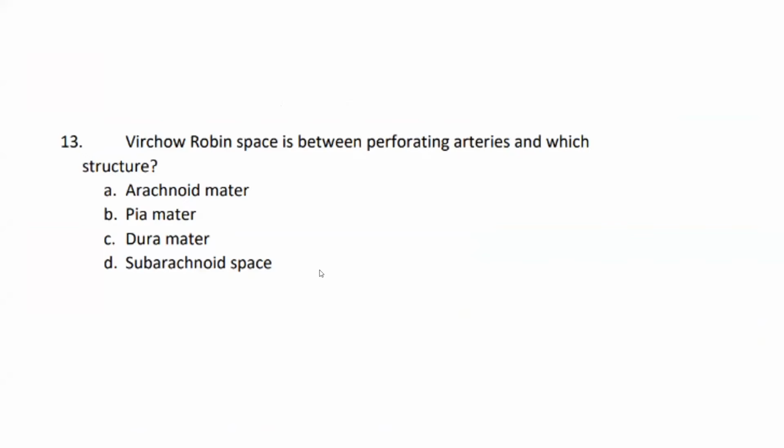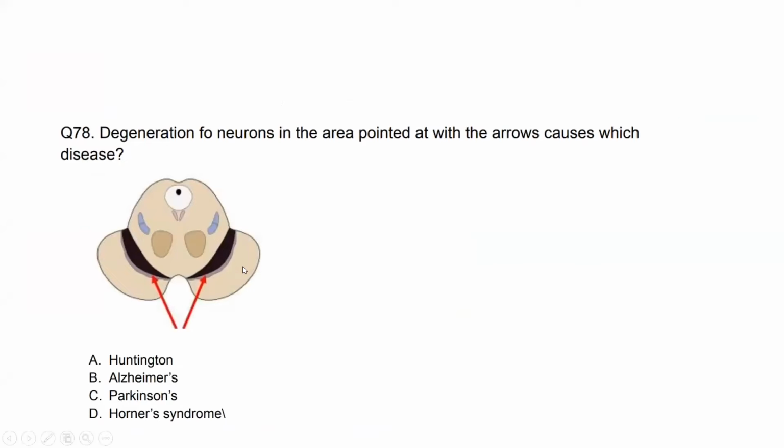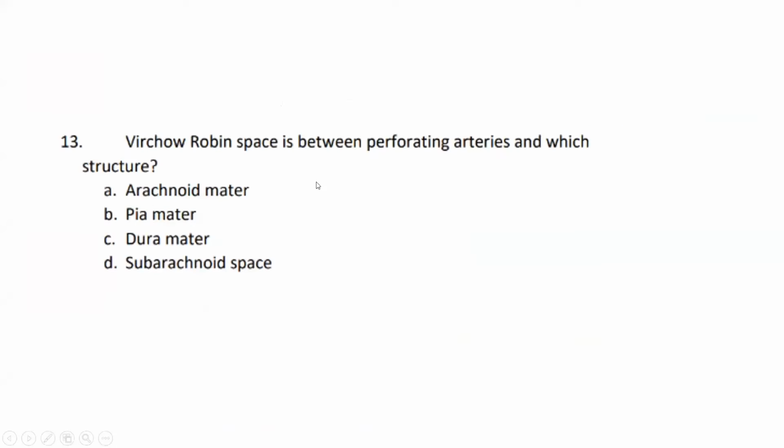Okay, so here's the previous question again. When you have degeneration of neurons in the substantia nigra, the resulting syndrome is going to be Parkinson's. All right. Next question. Virchow-Robin space is between the perforating arteries and which of these structures? The arachnoid mater, pia mater, dura mater, or subarachnoid space?